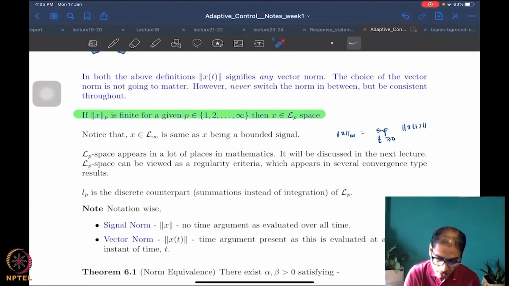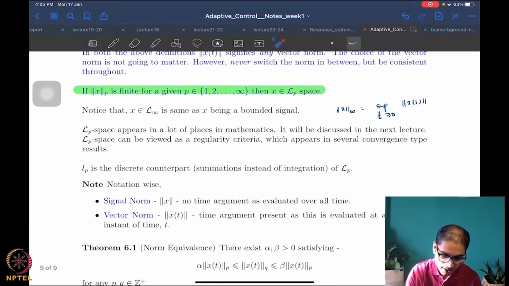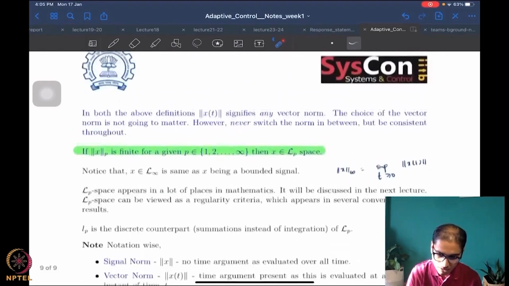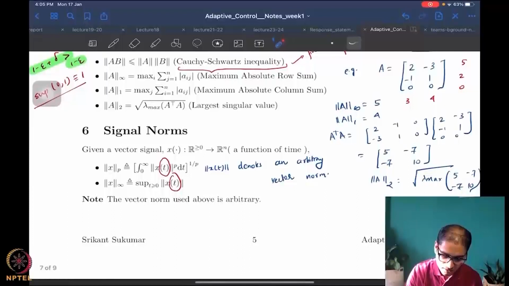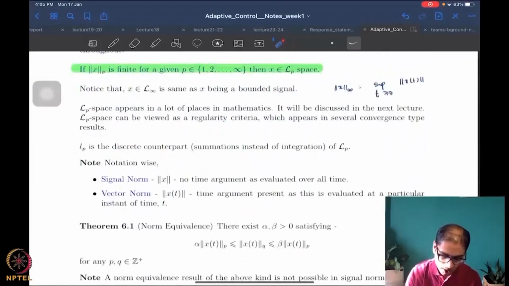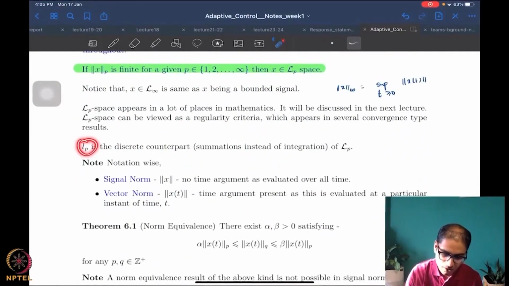Okay. So we also have a discrete counterpart for this, which is the small l_p space. For the discrete counterpart in these definitions, the integral gets replaced by the summation. That's it. And then you have a small l_p space instead of the capital L_p like we have now. But in this course, of course, we are concerned only with the capital L_p space.